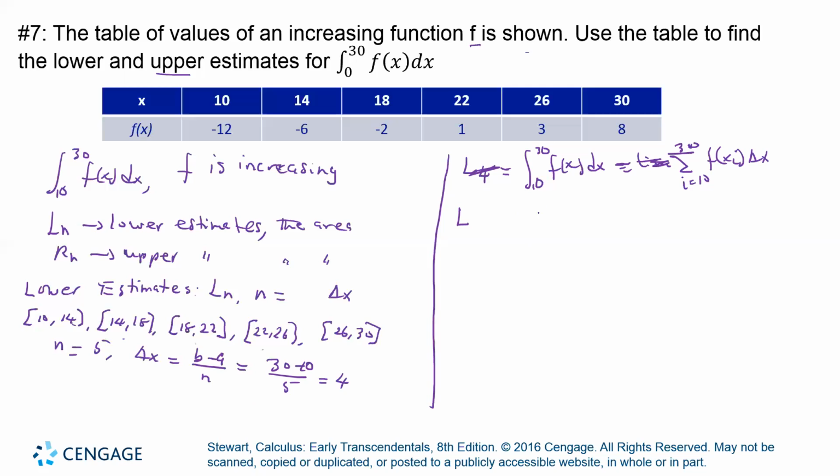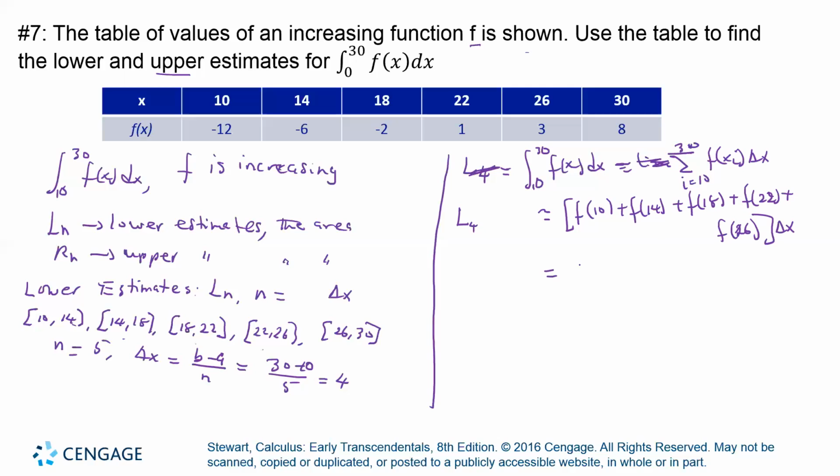To find the lower estimate, we take f of x at 10 plus f of x at 14 plus f of x at 18 plus f of x at 22 plus f of x at 26, all times delta x.